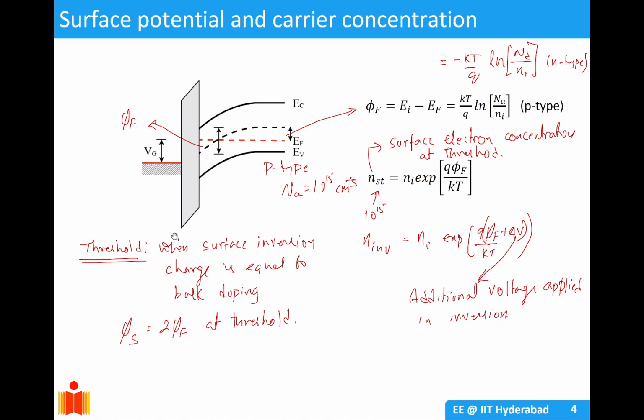So threshold is called when the surface inversion charge is equal to your bulk doping. So if bulk charge is phi f, your inversion charge becomes minus phi f. That is called the threshold point, and at that point we have calculated that psi s is equal to 2 phi f.